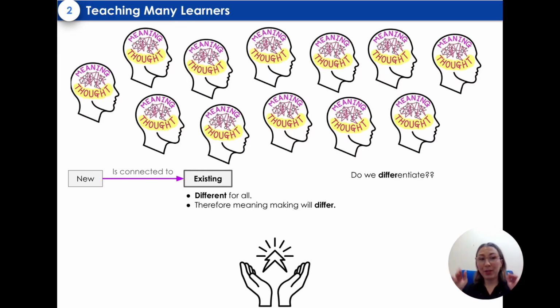Do we differentiate? Well, no, because differentiation involves usually different goals, fixed ability grouping, lots of extra work for teachers.